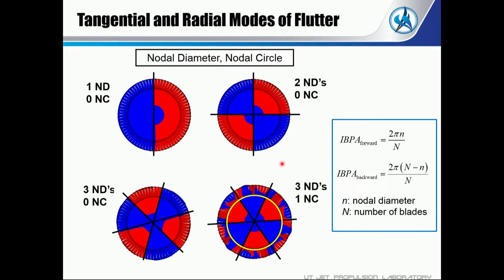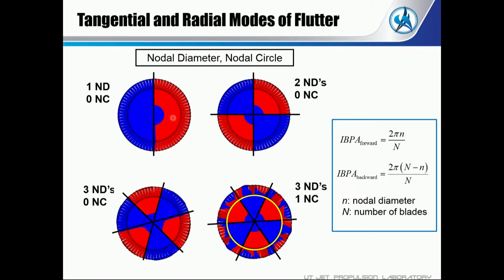And instead of IBPA, the interblade phase angle, we often use the terminology nodal diameter. It's shown here. One nodal diameter is here, and the red part and blue part have a 180 degrees phase difference. So this is the node here. It's called a nodal diameter.